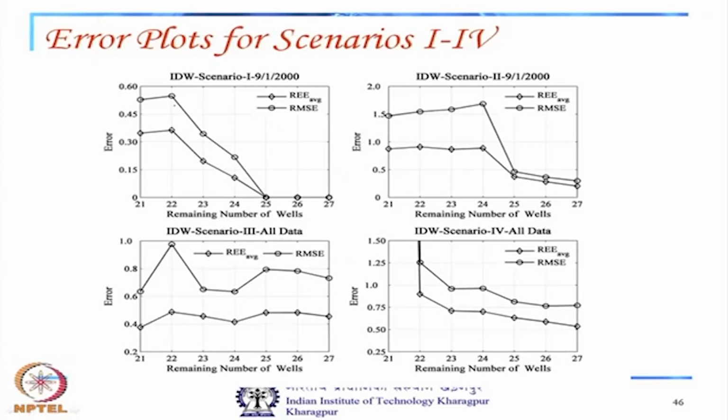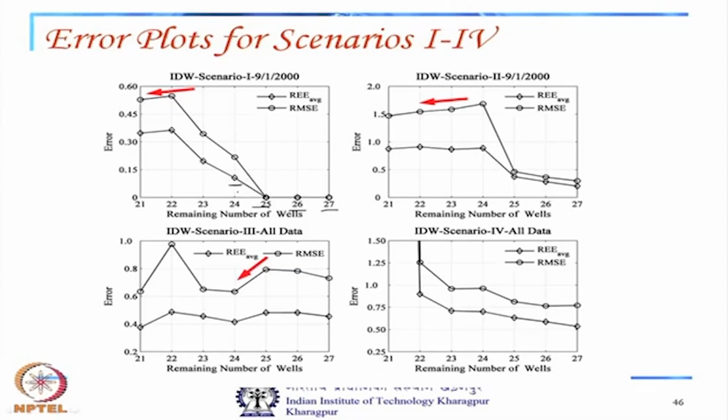Error plots show some interesting results. If we keep only 27, 26 or 25 wells, the error is almost negligible for scenario 1, but if we remove more wells, that is 6 wells, then it will be a problem.